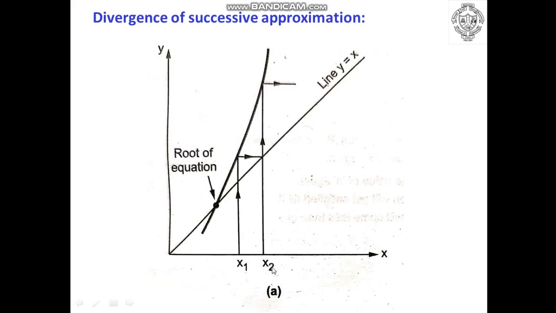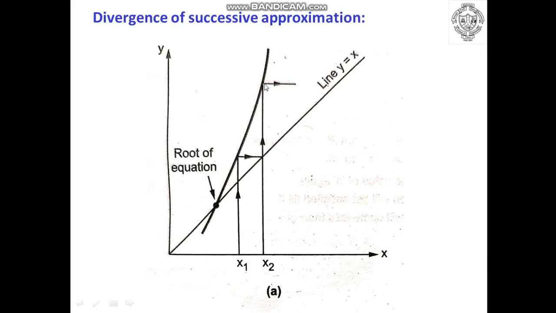Hence I will replace the value of x2 as x1. Now the next approximation is considered as x2. Since I know the value of x2, I will put it in the function, I'll get the respective value of the function, that is y2, and I will perform the procedure.